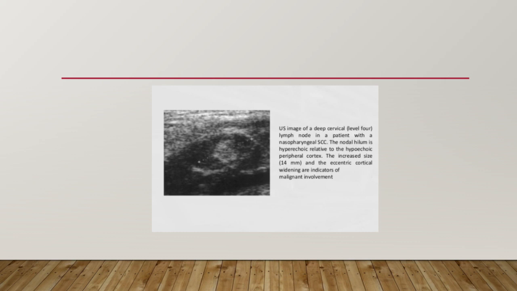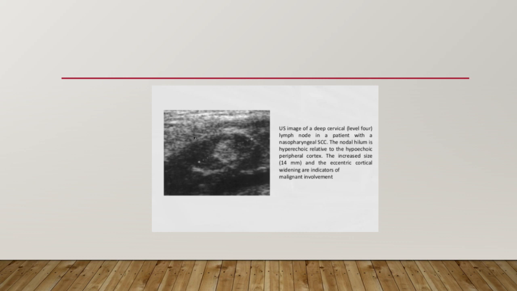So, here you can see an image of a level 4 lymph node in a patient with squamous cell carcinoma. Here you can note the hyperechogenicity compared to the peripheral cortex, which is hypoechoic, and the total size of the lymph node is also increased.